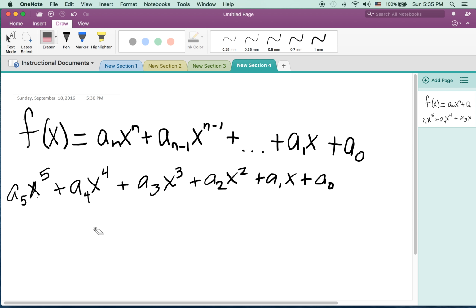What you set the parameters, a of 5, a of 4, and so on, to will define the shape of your polynomial. The more terms that you have in your polynomial, the more maxima and minima it will have. Okay, we're going to go over theorems about that very specifically.